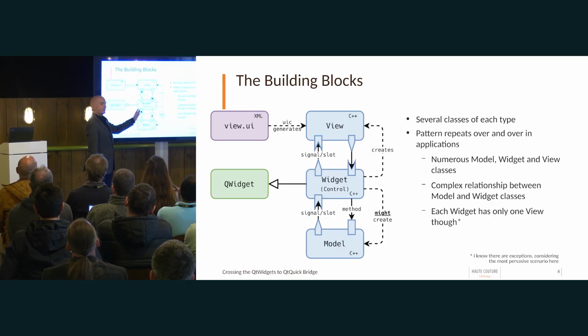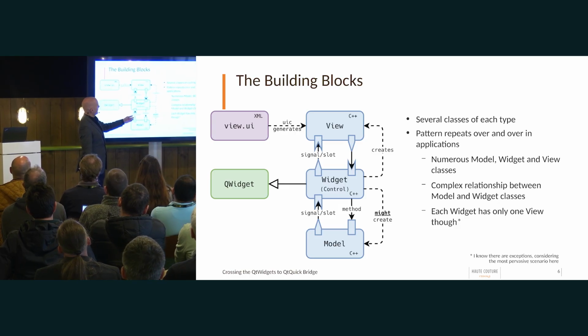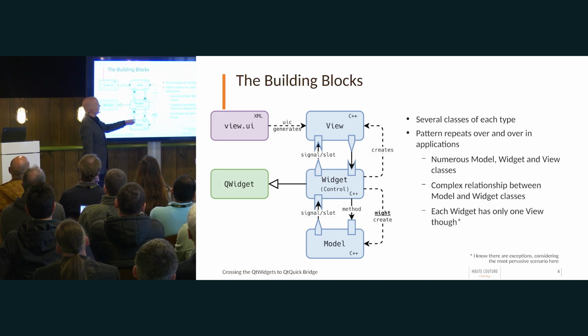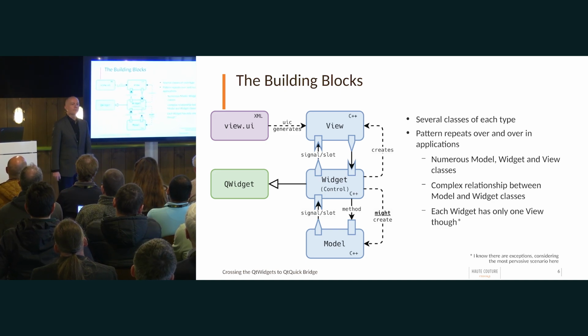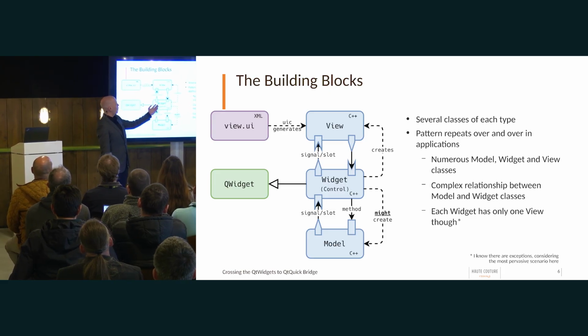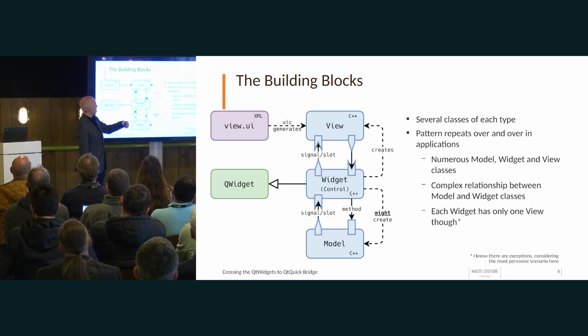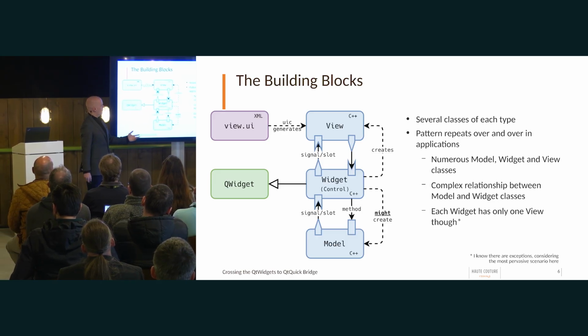And those, they have signals and slots. So we're in a barn, but there's actually a tractor coming, right? The communication between the model and the widget would be signal slots and probably some method calls on the way down. The widget will be C++, the model as well. That widget inherits from QWidget. That's generally what you have.